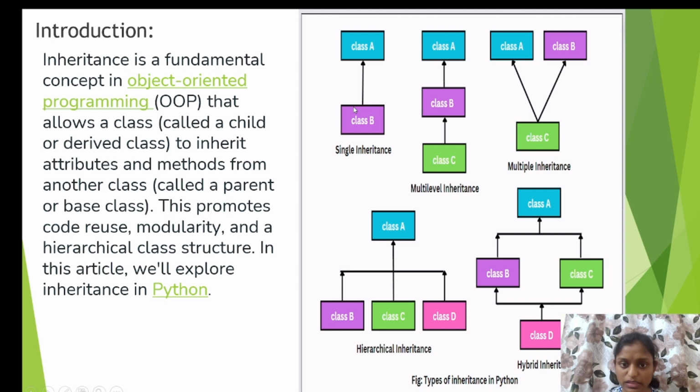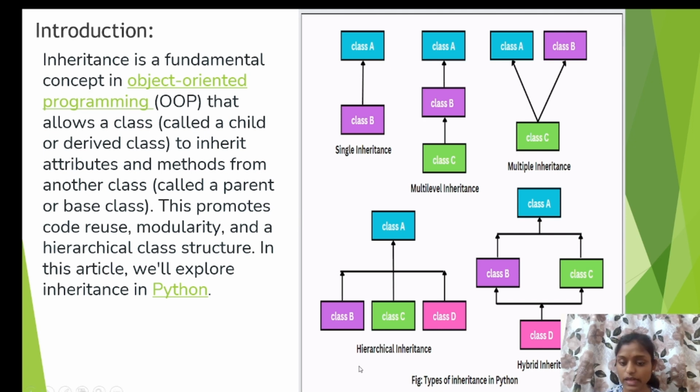Simply, single inheritance is nothing but a child class derived from a parent class. And next, if you see multi-level, here we observe two parent classes and one child class. Multiple inheritance is nothing but a child class derived from two parent classes.